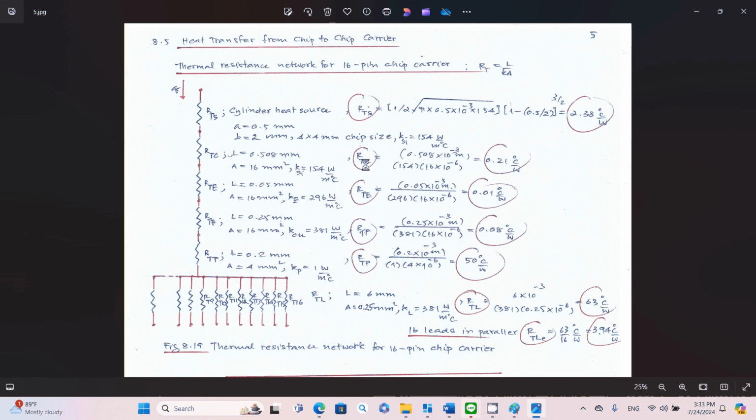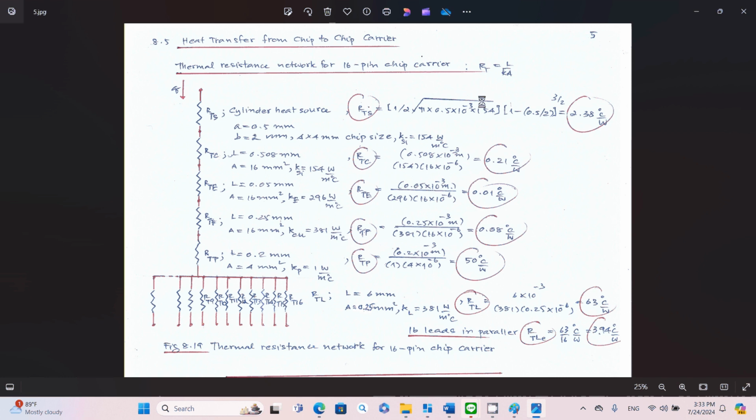That's the silicon chip, so you put K as 154. For the eutectic bond, you have Ke from the table, and for plastic, the thermal conductivity is 1, and the frame is copper, K equal to 381 watt per meter degree Celsius.